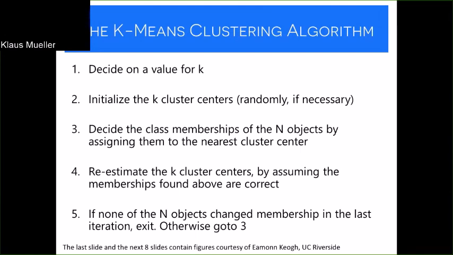Then we find out which points currently belong to each cluster center, which are the ones that have the smallest distance to that cluster center as opposed to all the other cluster centers. I color them in the cluster center's color. Then I re-estimate the cluster centers and run that again over and over until I find a minimum of the objective function.